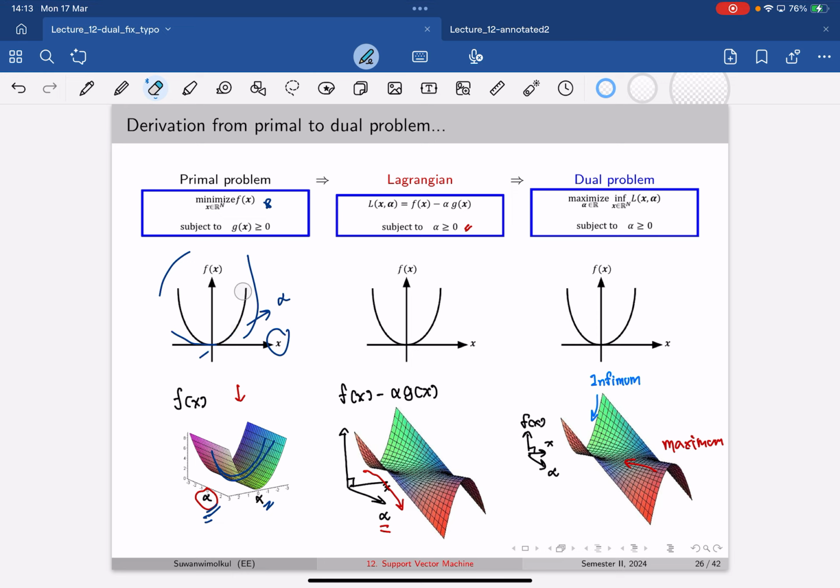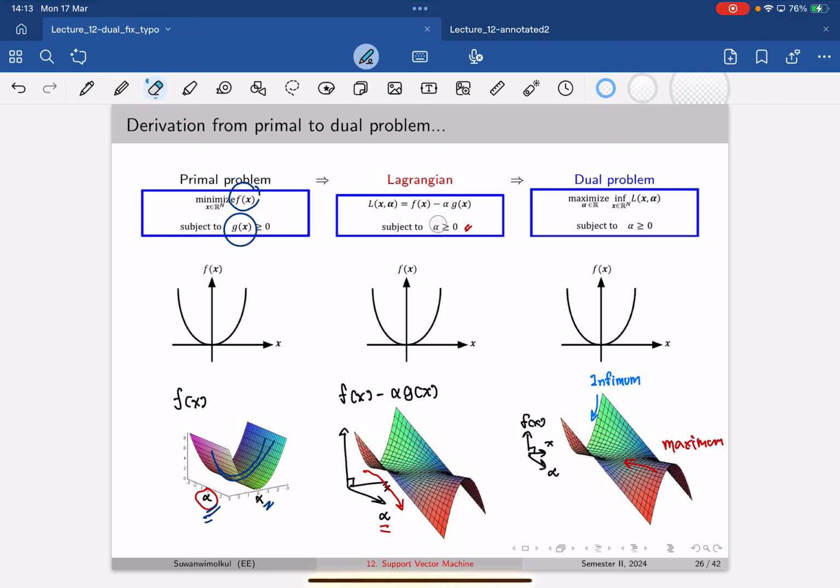In the Lagrangian form of this optimization problem, you move the constraint, in this case g(x), into your objective function. But you don't move it just normally. You move it and multiply it with some Lagrangian parameter alpha.